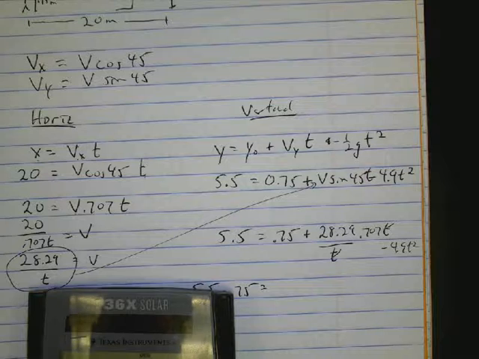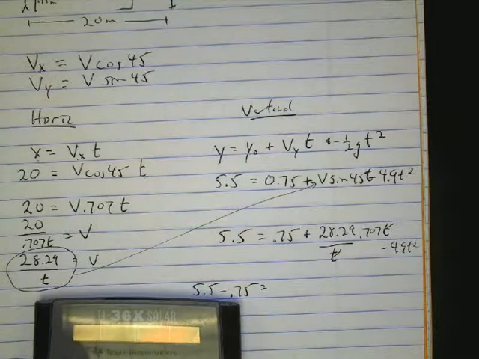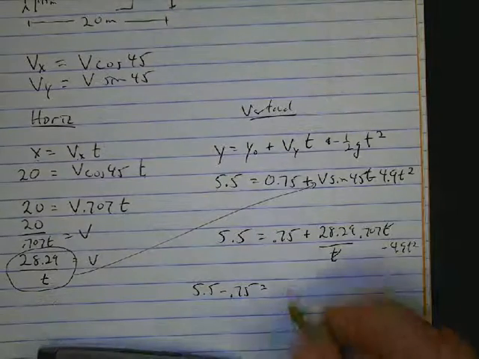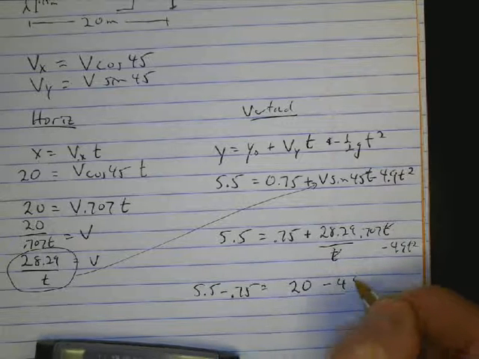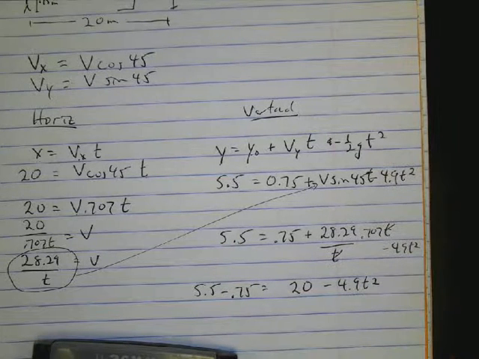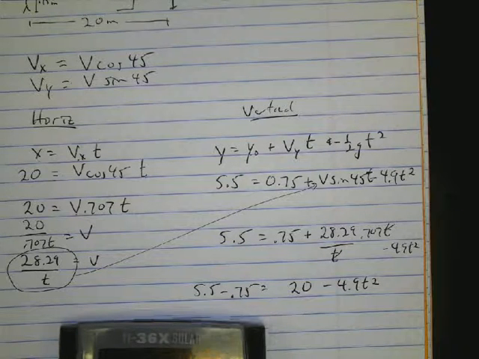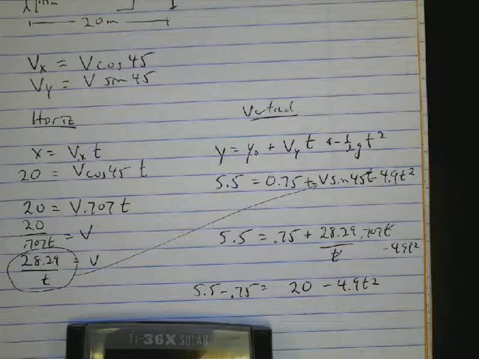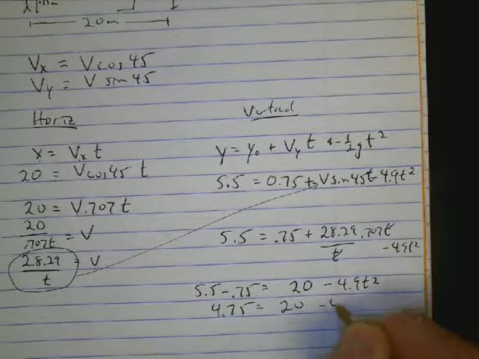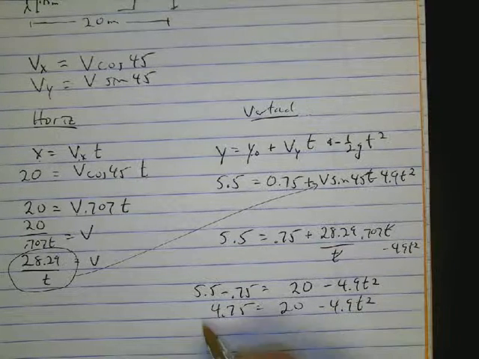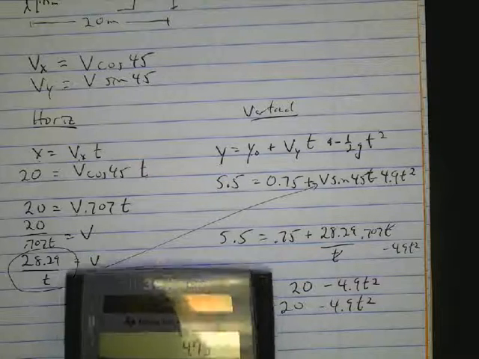The t's have canceled, minus 4.9 t squared. Therefore, I have this term, 5.5 minus 0.75, or 4.75, equals 20 minus 4.9 t squared. I bring the 20 over to the other side. 4.75 minus 20, that's equal to negative 15.25, equals negative 4.9 t squared.